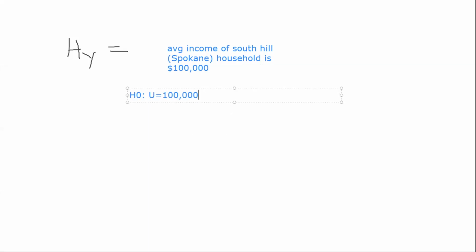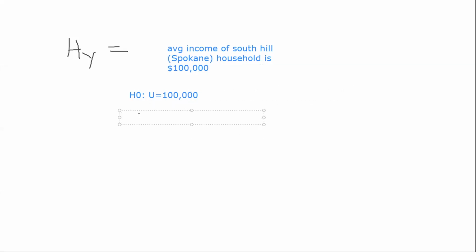What is the meaning of this null hypothesis? H0, that null, as you know, null means no difference, which is zero difference between my assumption and the actual reality if I collect the data. So there is no difference between this.